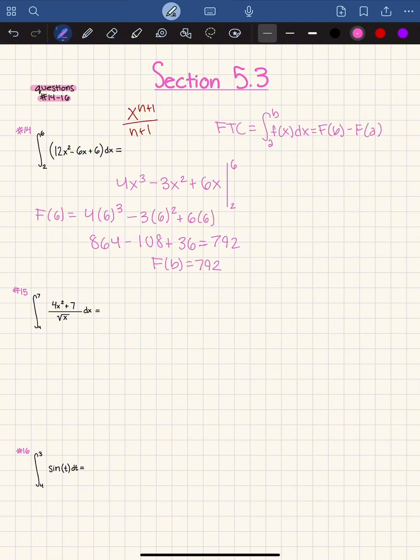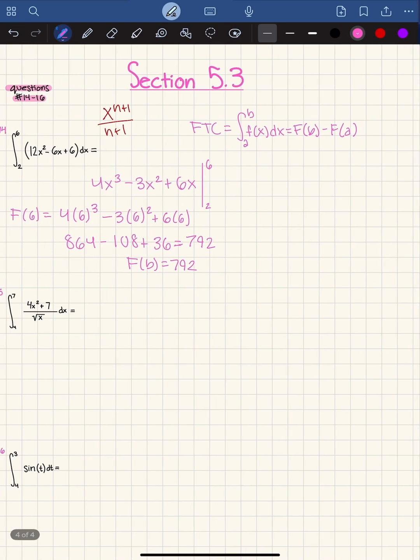So now we can do big F of 2 to get F of a. Plug in 2 for all the x variables, and this simplifies to 32 minus 12 plus 12.